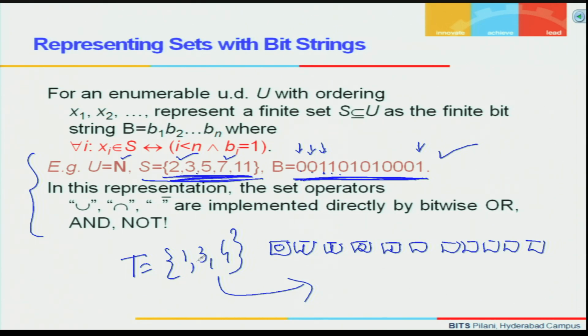Here, 1 is there, I put 1, 2 is not there, so I put 0, 3 is there, I put 1, 4 is there, I put 1, and 5 through 11 are not there. This is the equivalent bit string for {1, 3, 4}, and the bit string for {2, 3, 5, 7, 11} is this.